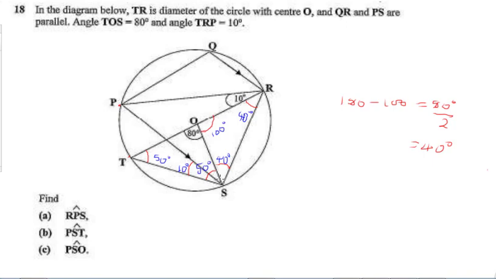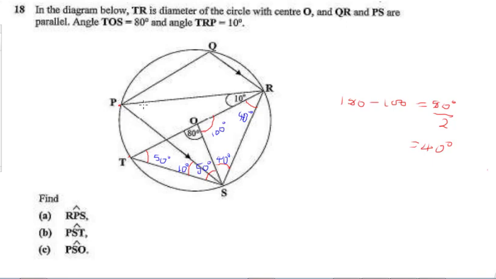And one of the principles that we had talked about is that when you have an angle at the circumference coming from the same point as an angle at the center of the circle, the angle at the circumference is simply half the angle at the center, or the angle at the center is twice the angle at the circumference.